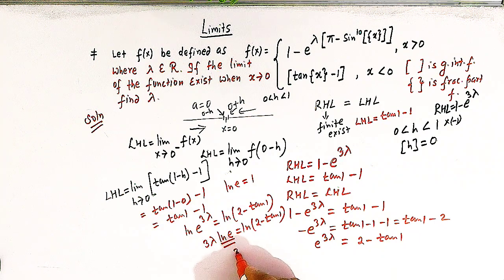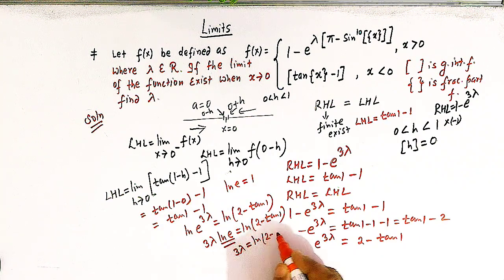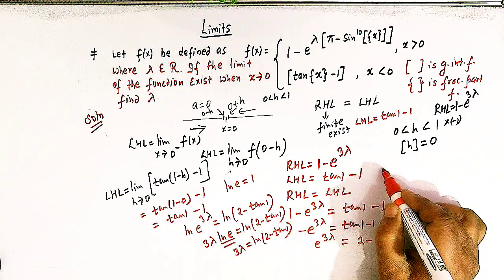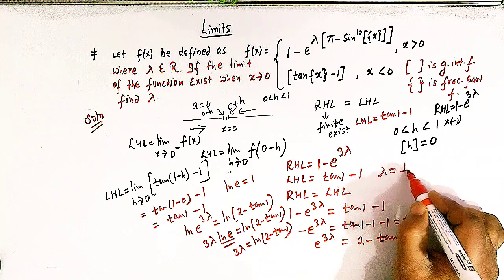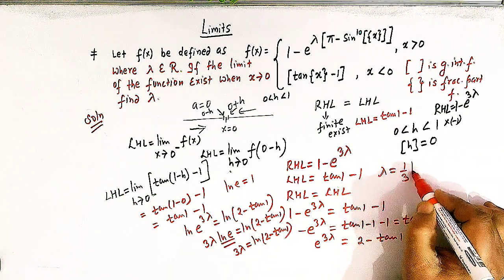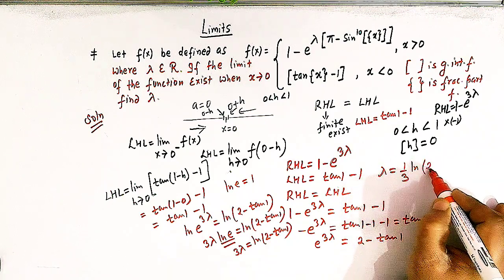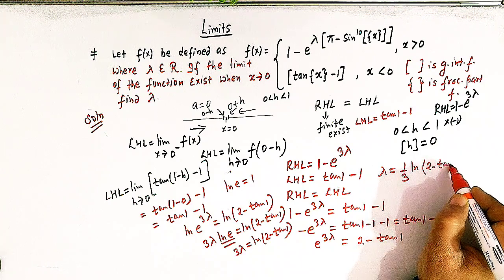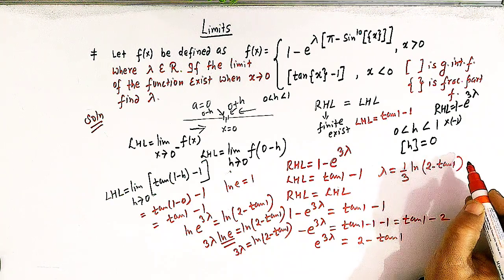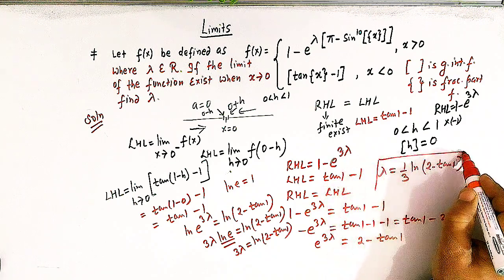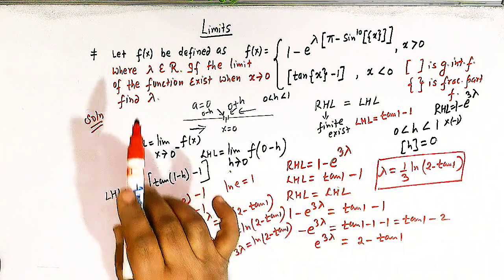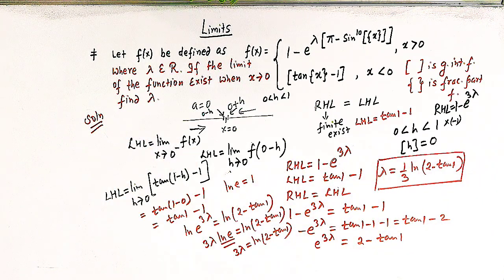So here we have simply 3 lambda is equal to the natural log of 2 minus tangent of 1, right? So we can now write lambda is equal to 1 over 3 times the natural log of 2 minus tangent of 1, right? So this is the required value of lambda.